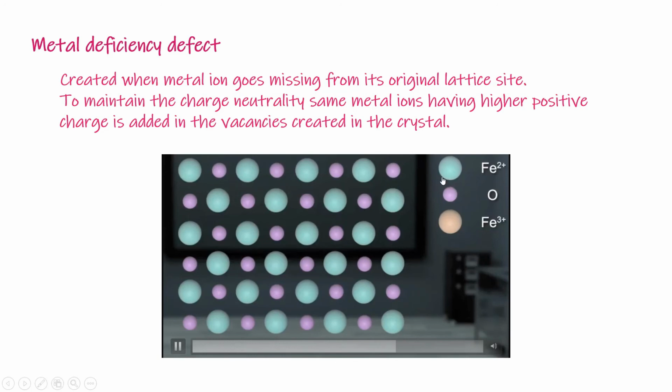Here, in FeO, Fe2+ ions go away from the crystalline lattice. So this vacancy is occupied by 2 Fe3+ ions. Here one vacancy is created. This vacancy is known as cationic vacancy.